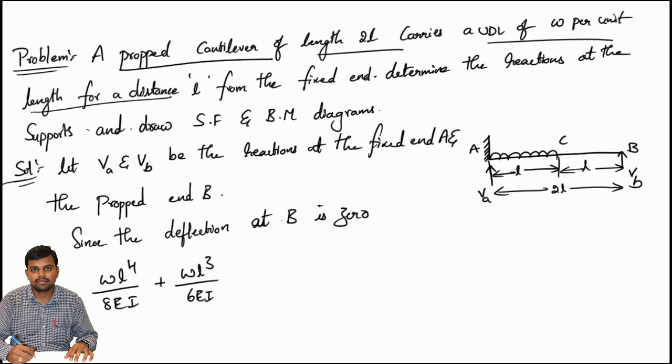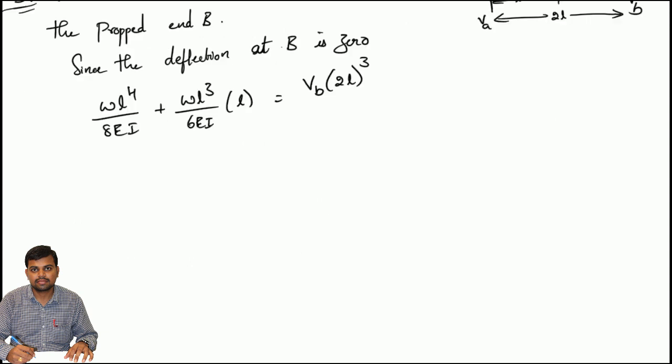This is the slope of the other half, into its distance L, equal to, for the cantilever beam which is carrying VB as the vertical reaction at the free end, its deflection is VB into 2L, where 2L is the total distance, 2L cube by 3EI. This will be the considered one.